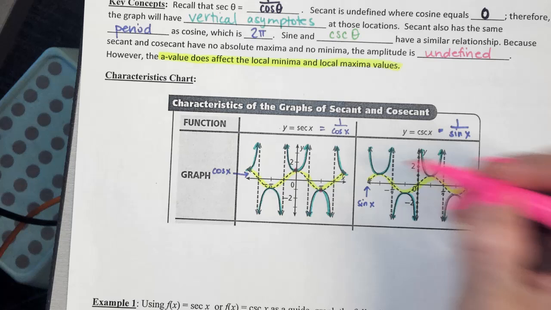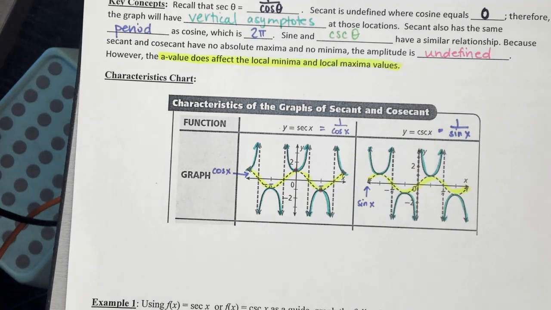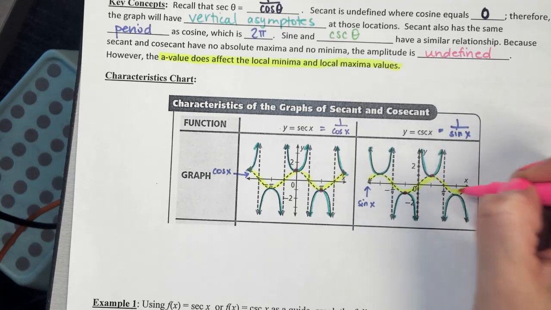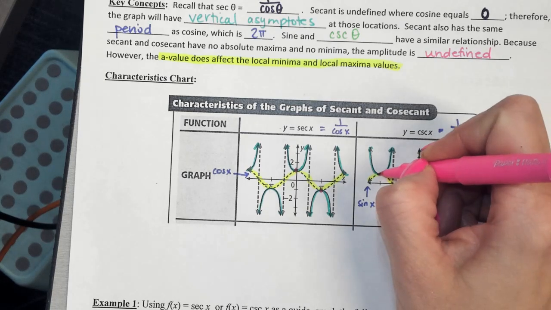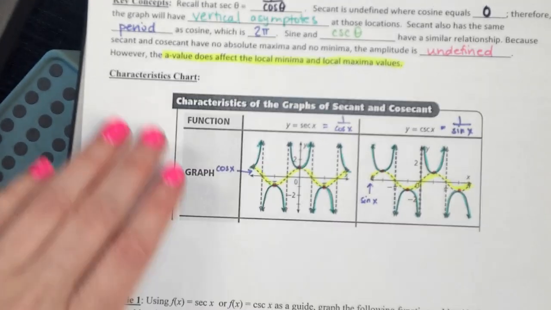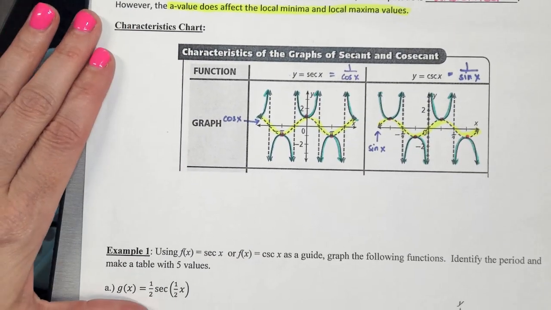The minimum of the cosine becomes the maximum of that parabola. So we have these values that occur at the mins and the maxes of sine and cosine, and we're going to use that to help us when we graph.